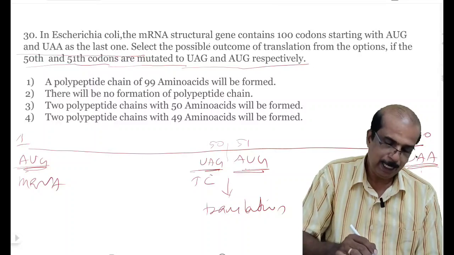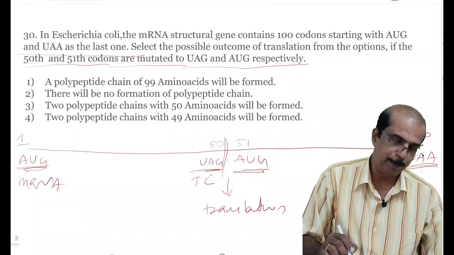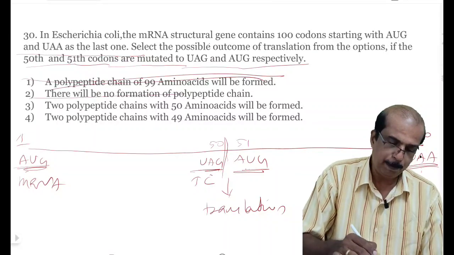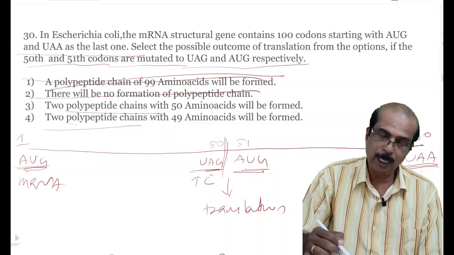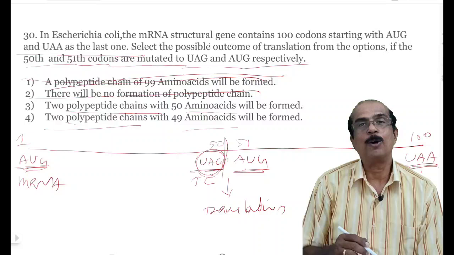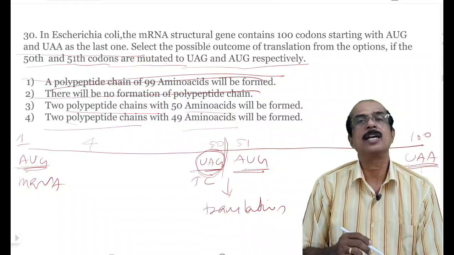So two polypeptide chains will be formed. So you can strike out options 1 and 2. What about the number of amino acids? The 5th one is a termination codon, so no amino acid is added. So here 49 amino acids are incorporated.